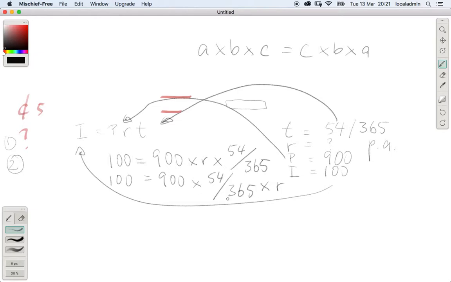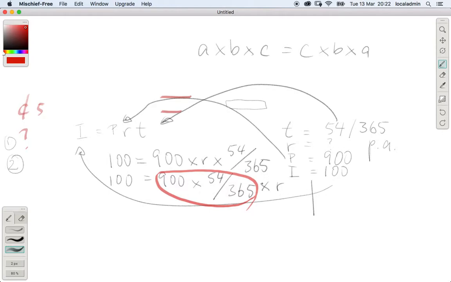Now you obviously could simplify this, but we'll possibly get a very, very odd number. So according to algebra, what we are going to do is we want to get these two things on the other side of our equation.